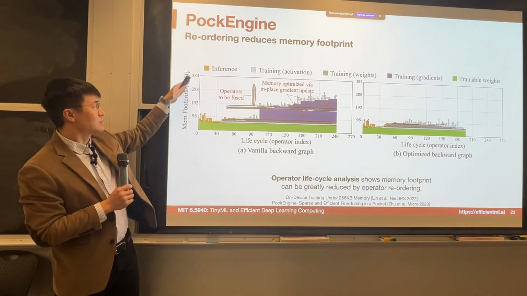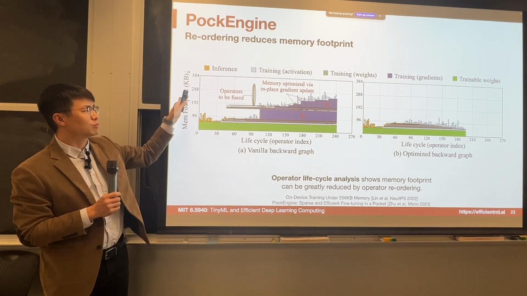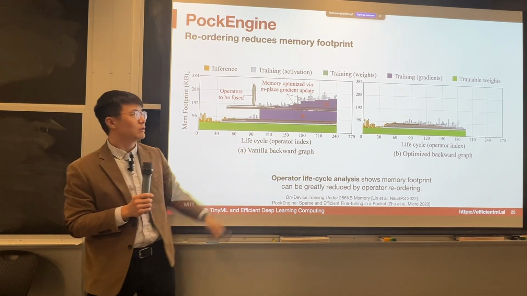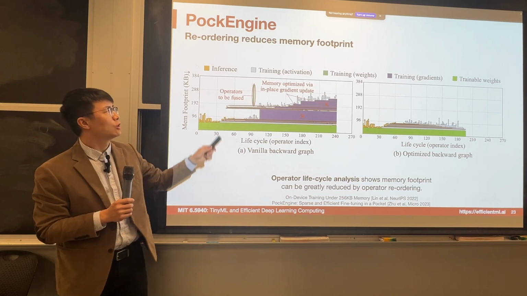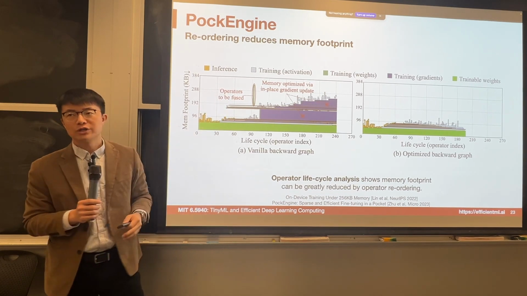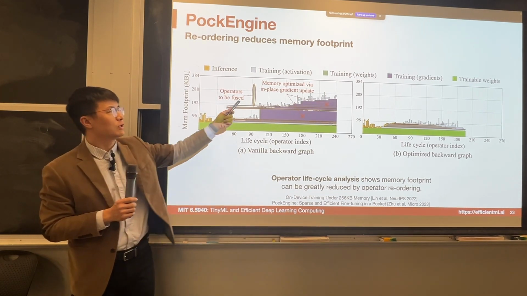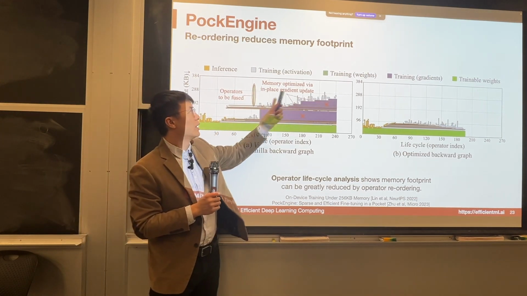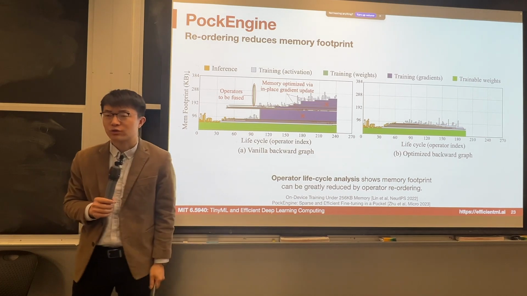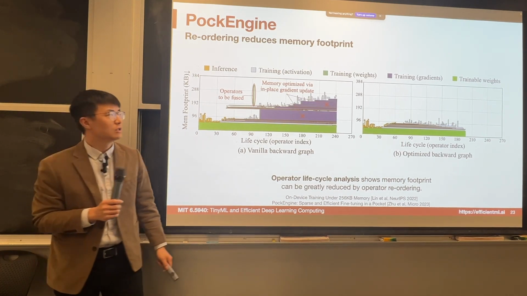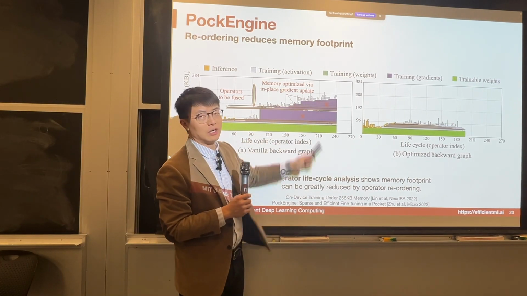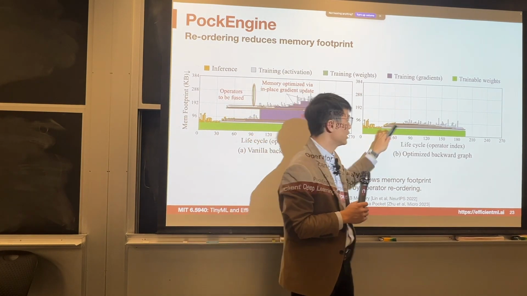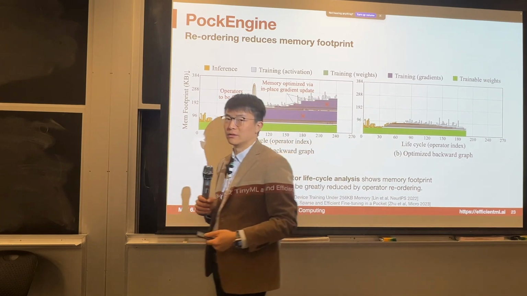The y-axis is the memory footprint, and here is the operator index, the life cycle. Here, by fusing the operators, we can free up that memory, and also via the in-place gradient update, like we just mentioned, we can release this buffer a lot. So you can save a lot on the peak memory and also reduce the life cycle.